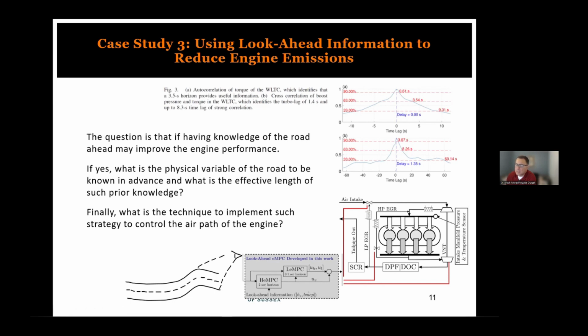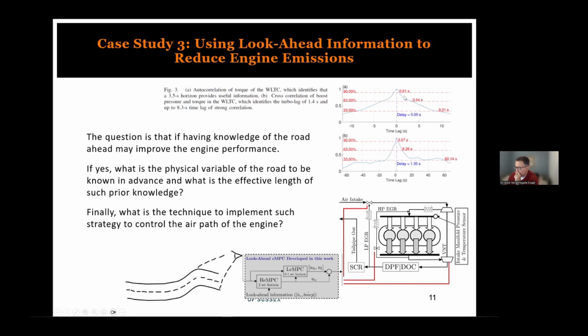Can we reduce the pollution of such an engine? And if yes, how long does this look ahead information need to be to be effective? And finally, what is the technique we can use to exploit that look ahead information for controlling the engine? We answered all those questions.